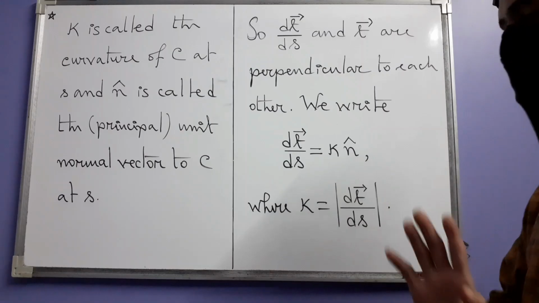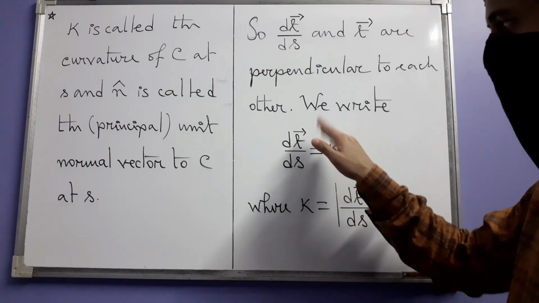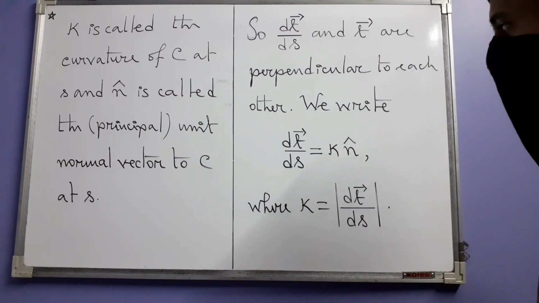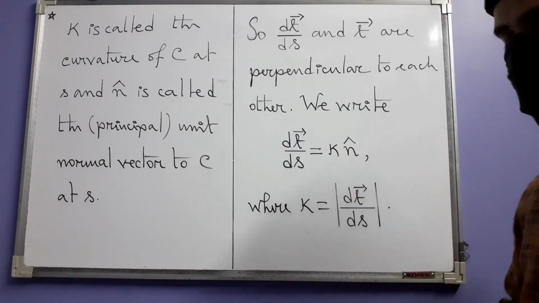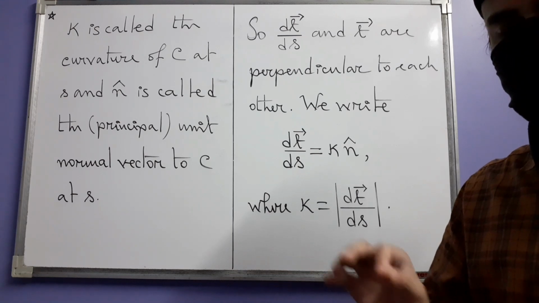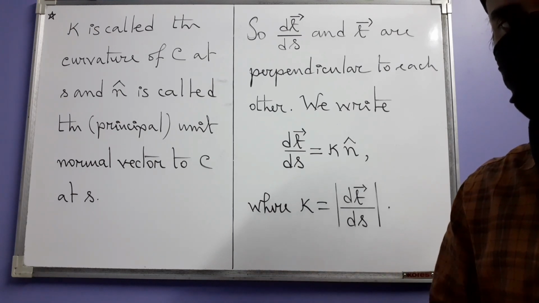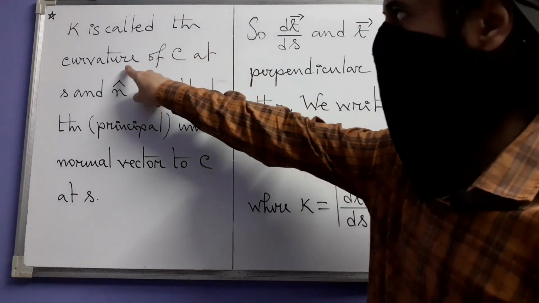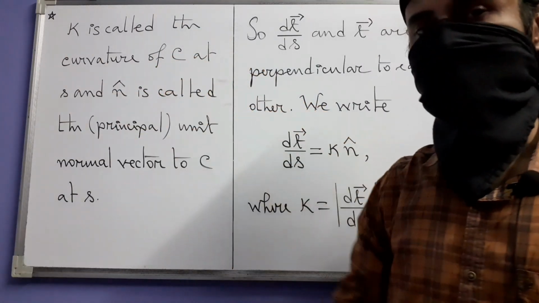So as s changes, this dT/ds also changes. It's a function of s itself, and accordingly this magnitude kappa is also a function of s, a scalar function or an ordinary real valued function of s. So that's why it is called the curvature of C at s.